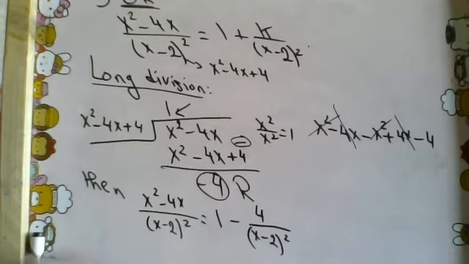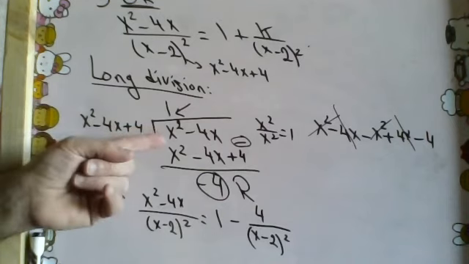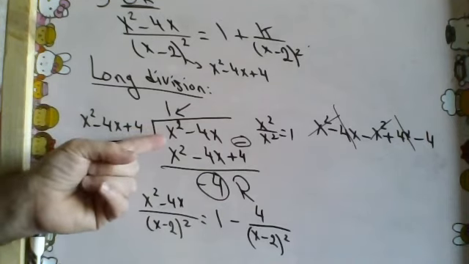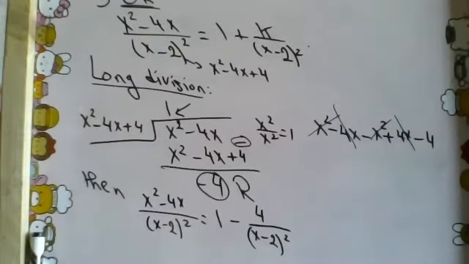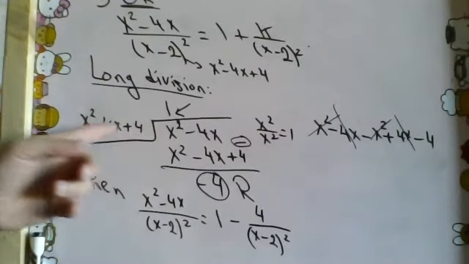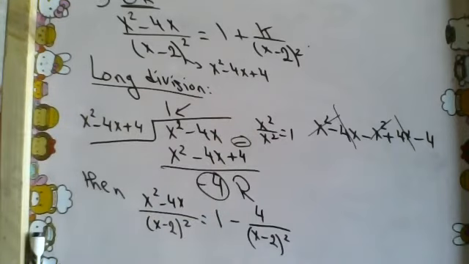Thank you. For the long division, you consider the term with the highest exponent and the term with the highest exponent. You divide x squared over x squared. The answer is 1. You put 1.